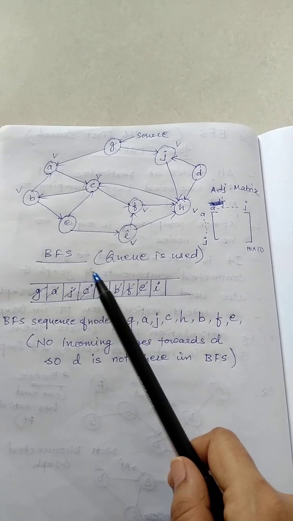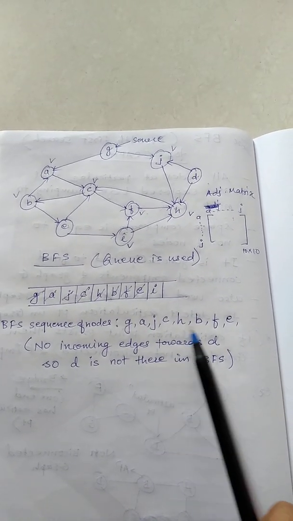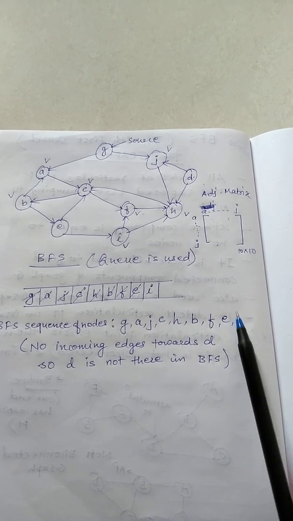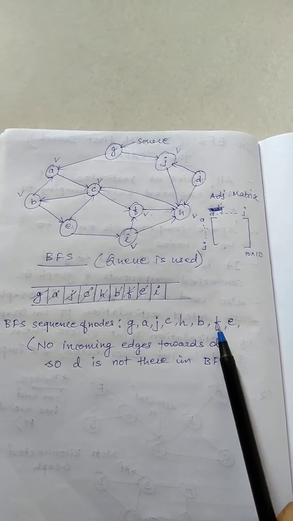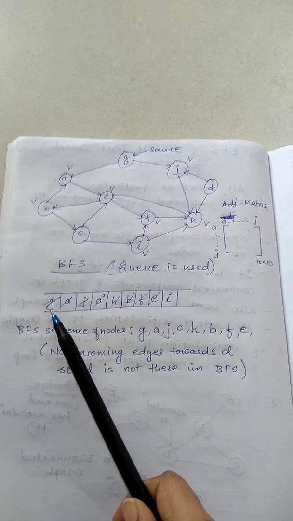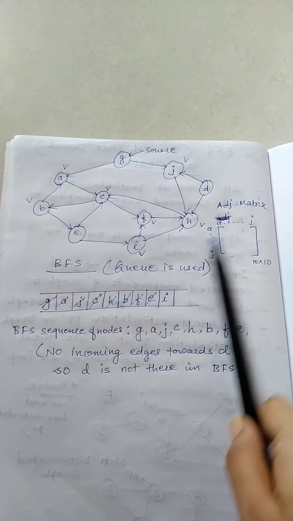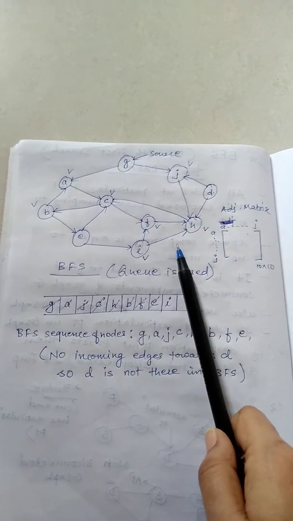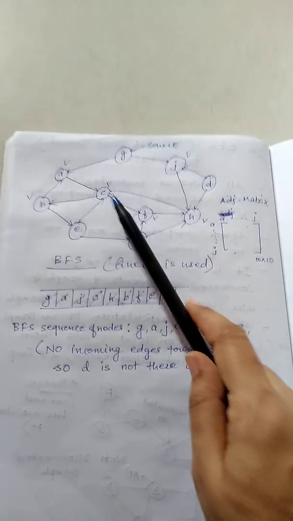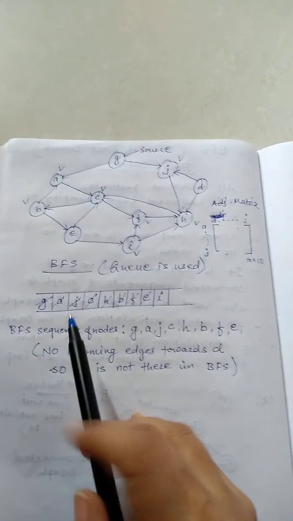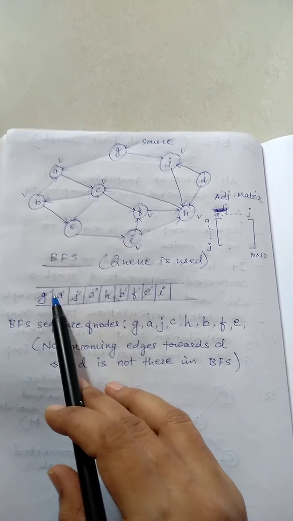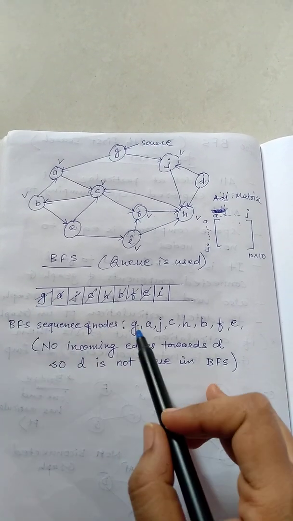The breadth-first search sequence gives you the sequence of nodes in which the nodes are visited. So assume G is our source node. Initially all the vertices are not visited, except for the source. So insert the source in the queue. Then you delete the source and print it.